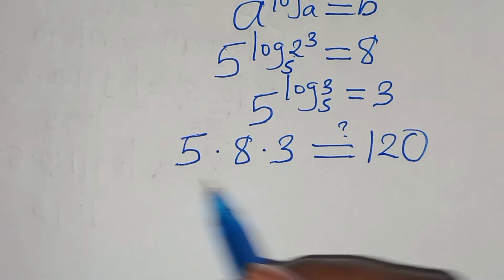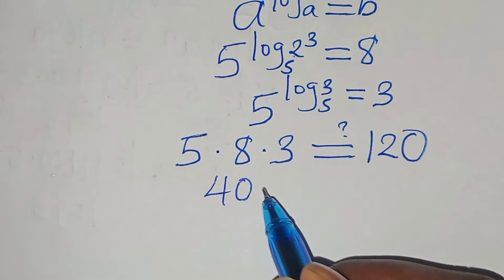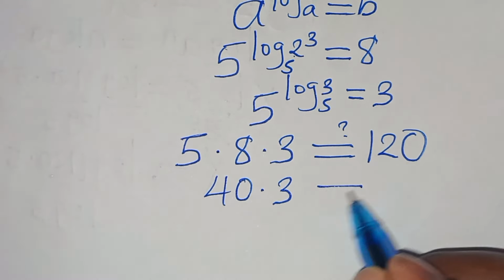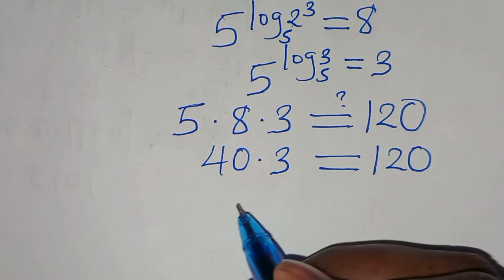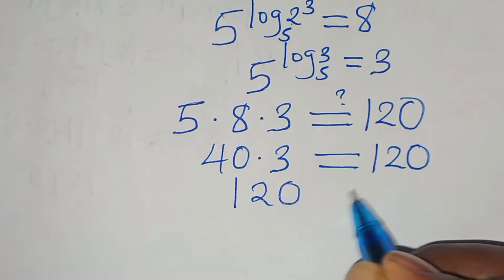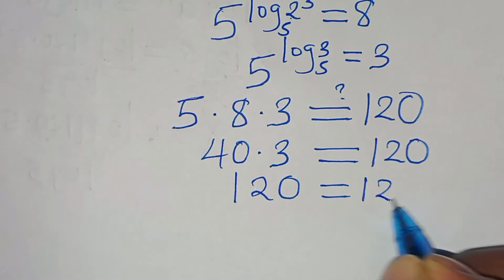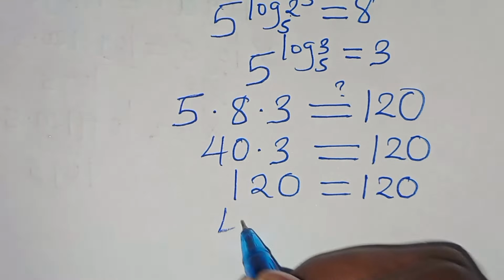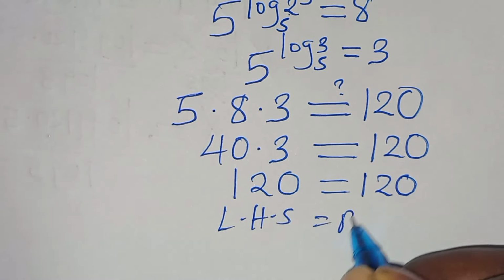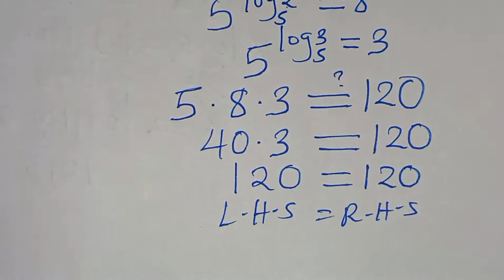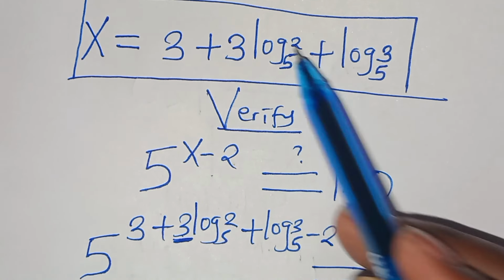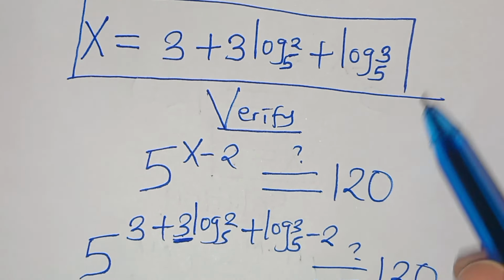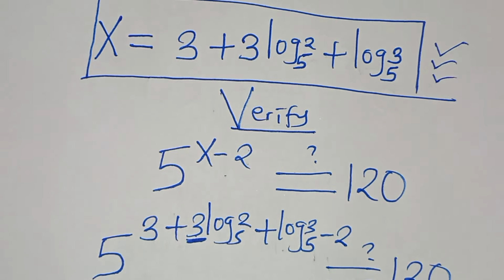So 5 times 8, this is 40. 40 times 3 is equal to 120. So on the left hand side, we have 120, which is equal to 120. So the left hand side is equal to the right hand side. And this proves that the value of x here, which is equal to 3 plus 3 log 2 to base 5 plus log 3 to base 5, actually satisfies the equation.